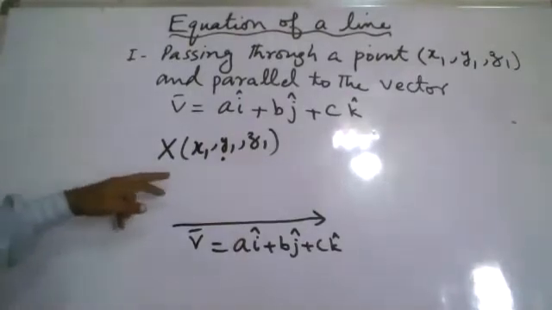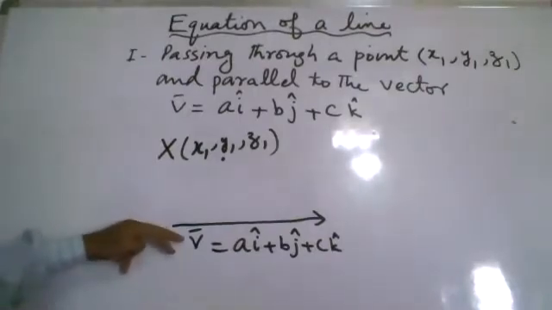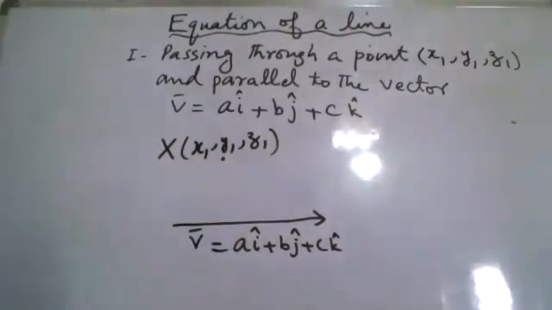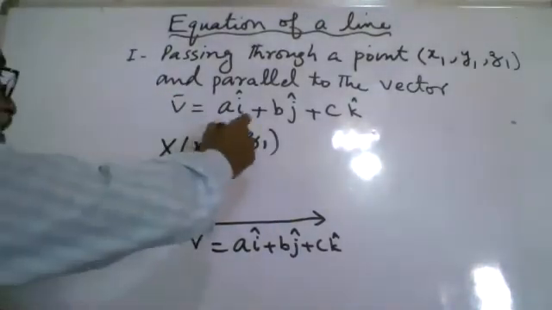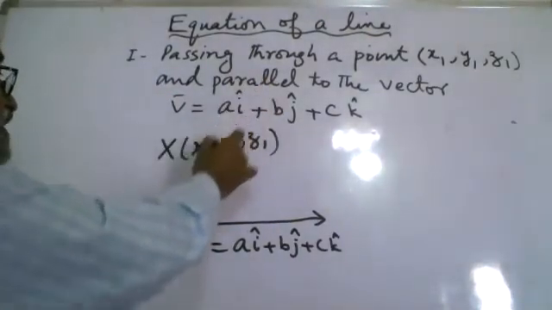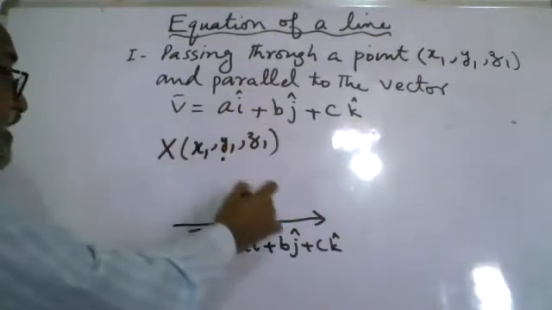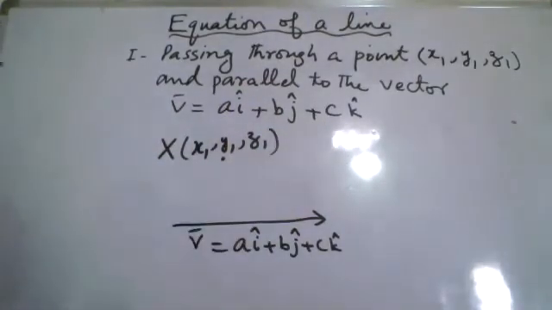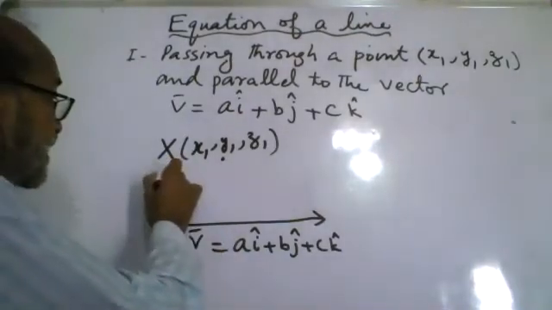So we will find the equation of the line which is parallel to this vector and passing through this point. There may be several lines that will pass through this point, maybe this one, maybe this one. But we have to find the equation of the line which is parallel to this one. That means this way.